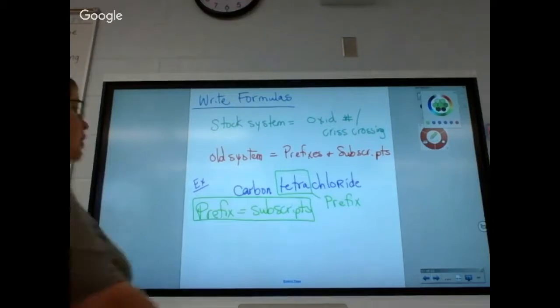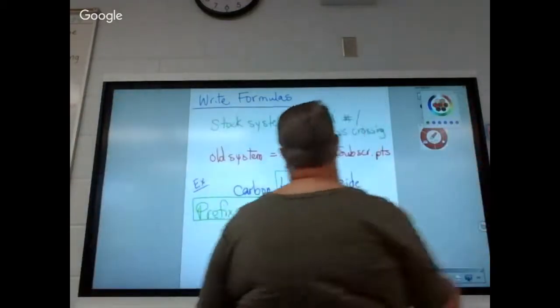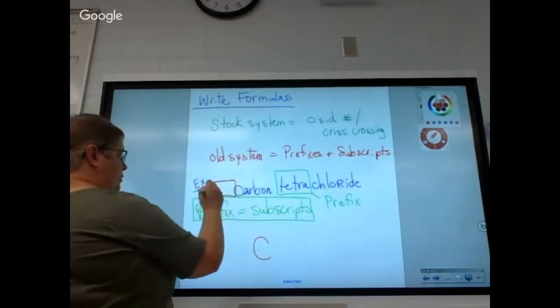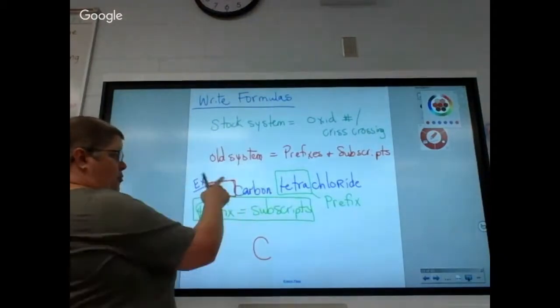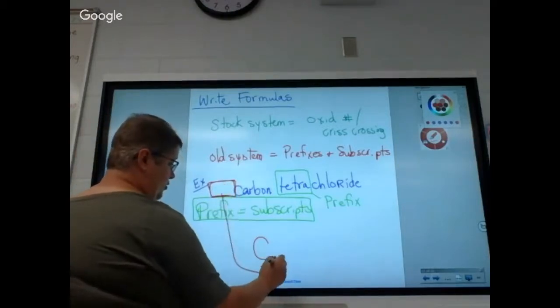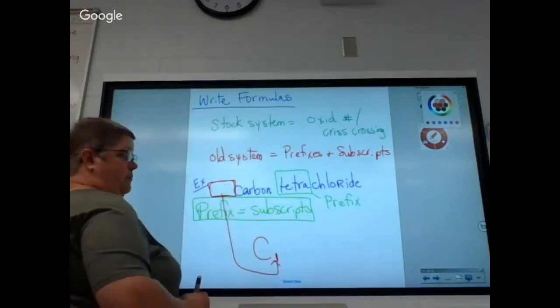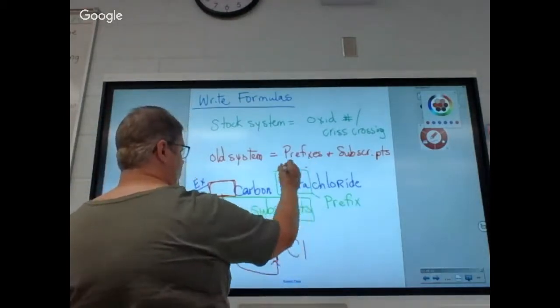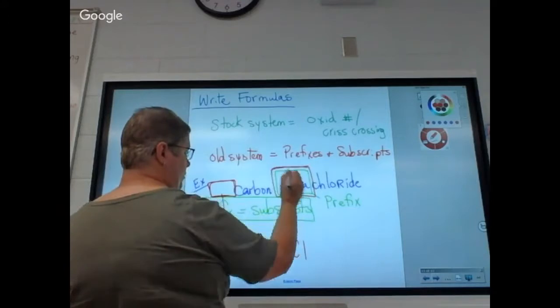So, when you look here at carbon, what prefix is right here? Is there a prefix there? No. That means that prefix tells you the subscript is a 1. Chloride has what prefix right here?